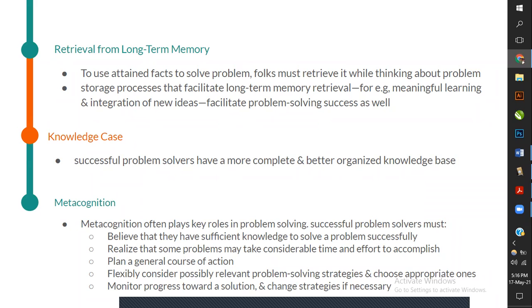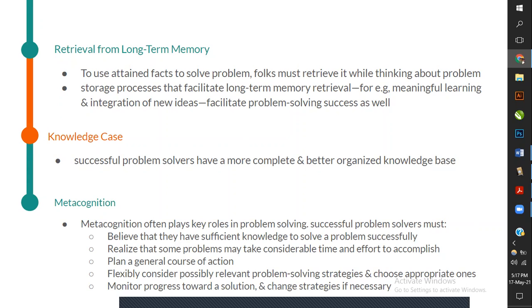First, they believe that they have sufficient knowledge to solve a problem successfully. They realize that some problems may take considerable time and effort to accomplish. They plan a general course of action. And flexibility: considering the possibility of relevant problem solving strategies and choosing appropriate ones.